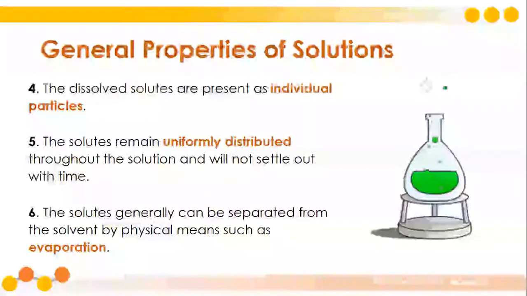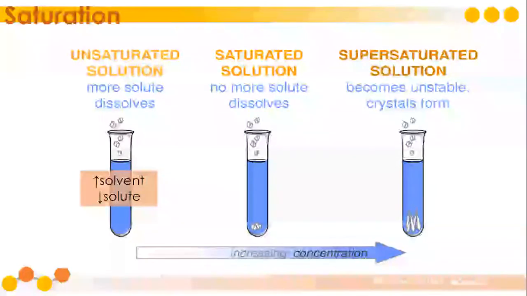Let's proceed with the concepts related to solutions. First, we have saturation. When we say saturation, this talks about the ratio between solvent and solute. Let's start with the first one, which is the unsaturated solution.